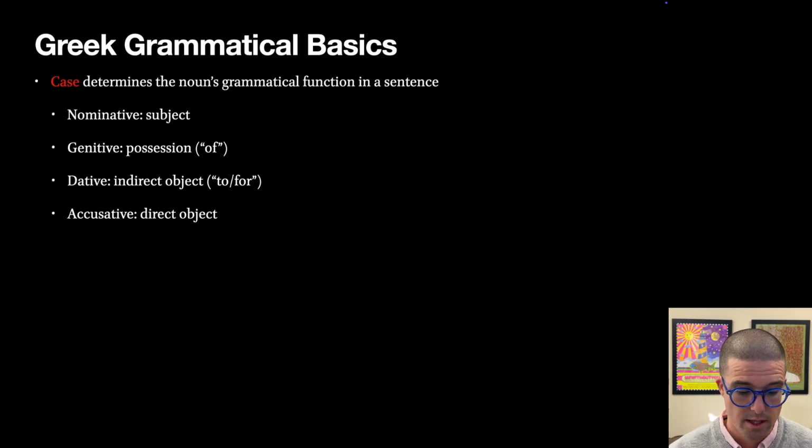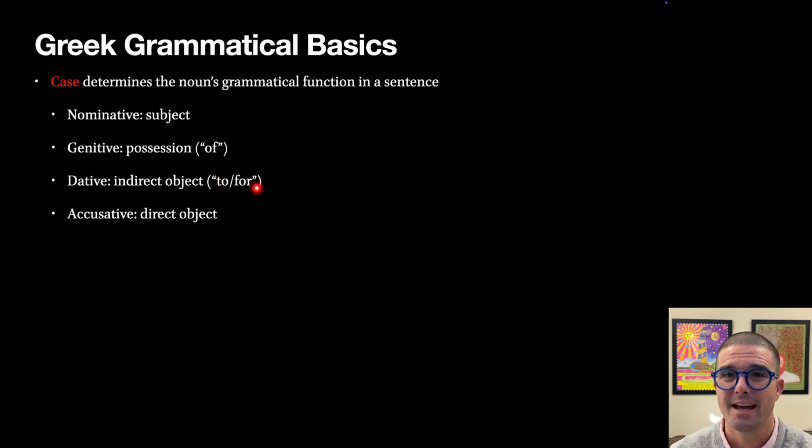Usually we're going to use the word "of" in our English translation of the Greek genitive. It usually shows possession, but the genitive can do other things. It describes a relationship between two words, between a noun and something else. So possession is our go-to translation for the genitive. So "of" is what we'll normally use, but as we'll see later on, this is a little more complicated than I suggest here.